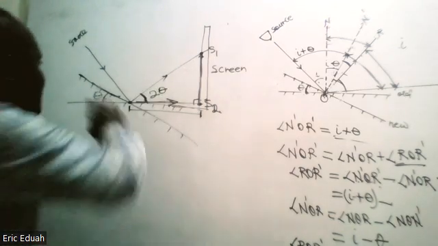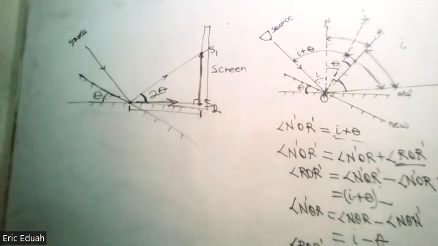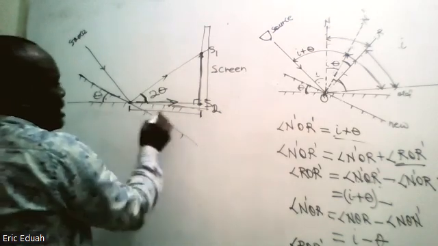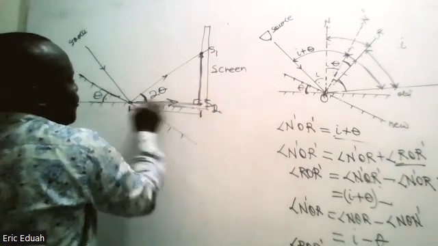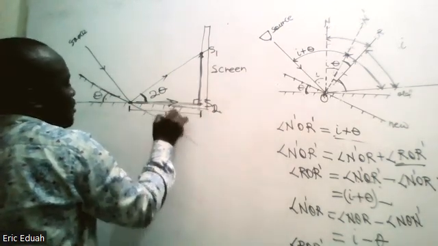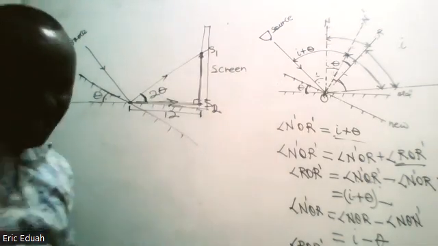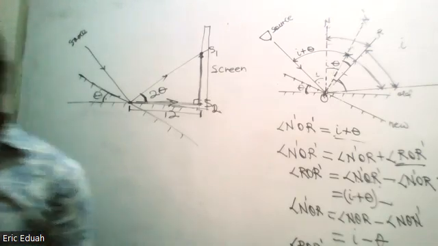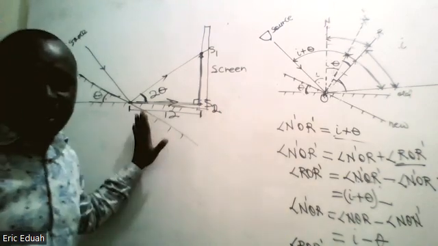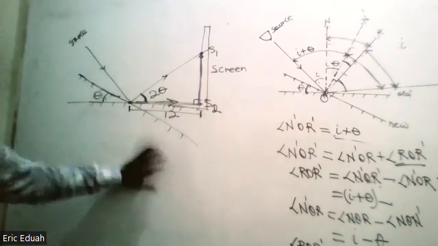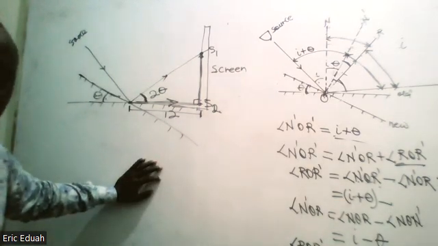In numerical sense, if this is 15 degrees, then this will be 2 times 15, 30. Having this and having been given the distance of the second image from the screen, maybe 12, you can easily calculate the height of the image formed. Please, is that okay? Yes, okay. So this is how we apply the concept of rotation of mirrors.